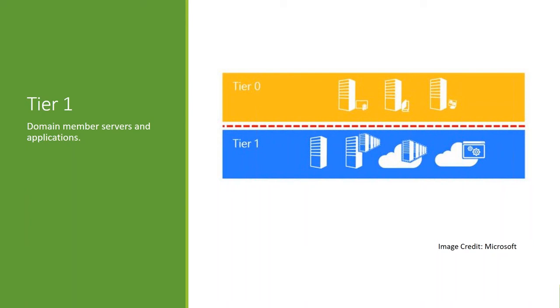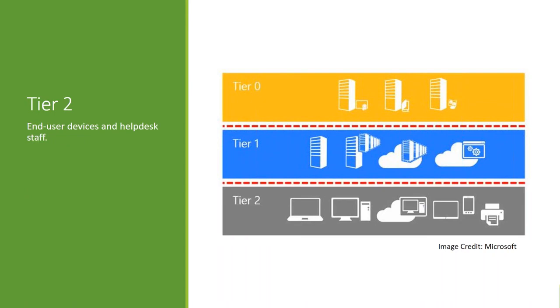So these administrators, they can only manage what's in this level, and they can only interactively log into these Tier 1 devices as well. They can't interactively log into a Tier 0 device or a Tier 2 device. And finally, we add the next tier, which is all of our workstations, printers, and any other devices that don't fall into the upper two tiers.